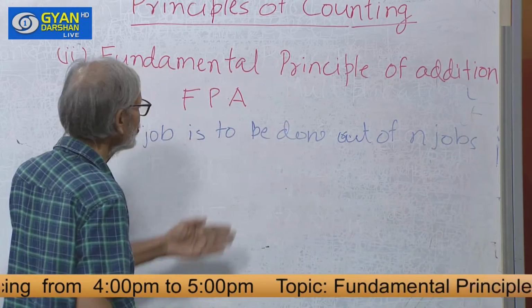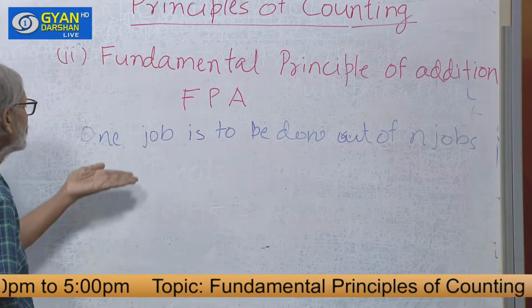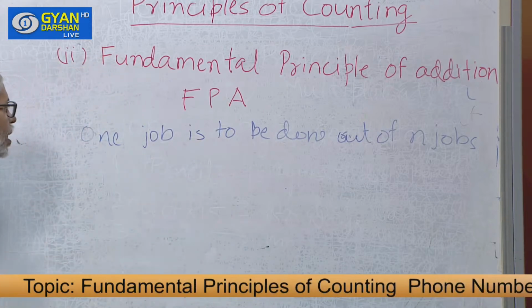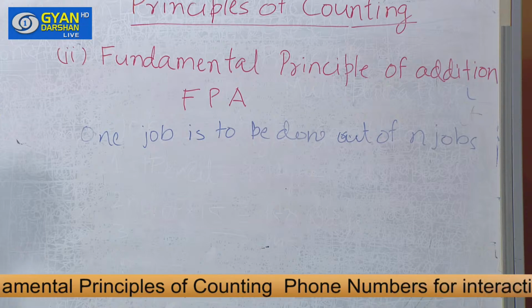There are n number of jobs, out of which one job is to be completed, any one.